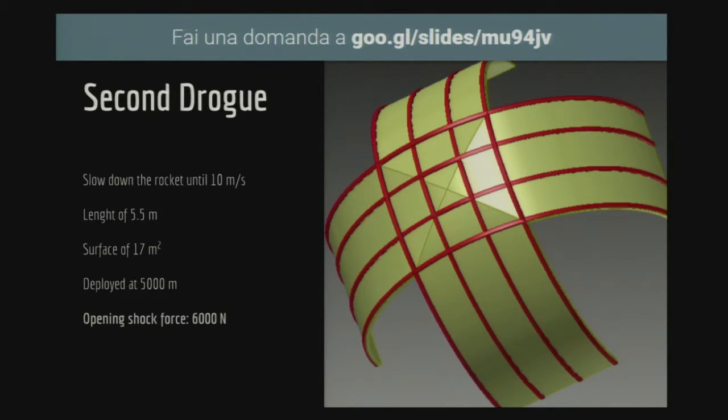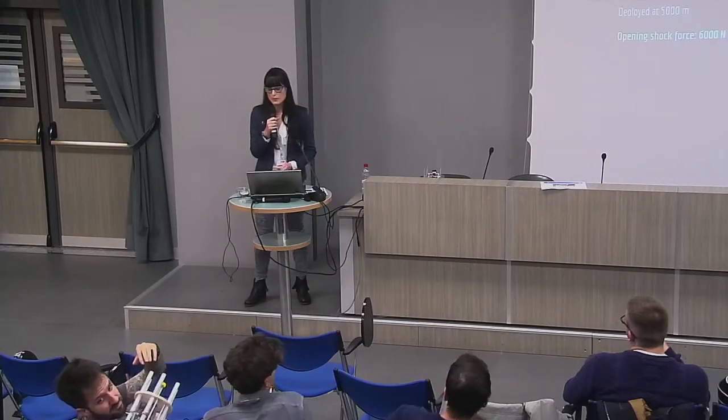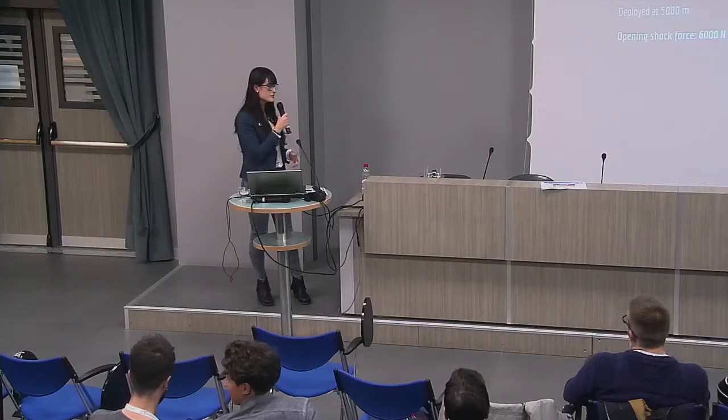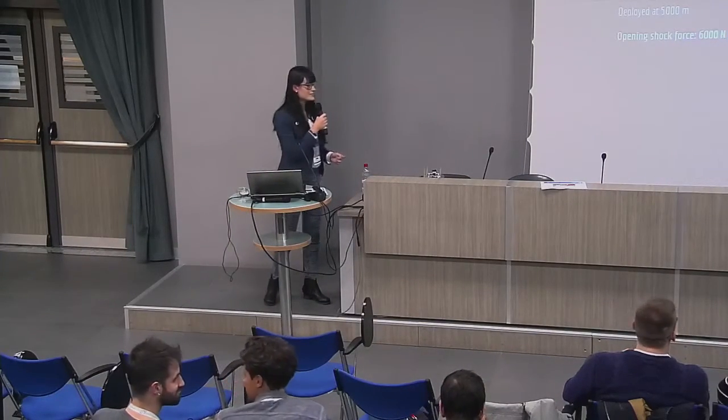I know the properties of these things, because in recovery systems and parachutes it's very difficult to test, since we have to go up and up, it costs a lot of money, and we also need many different subsystems to test it.